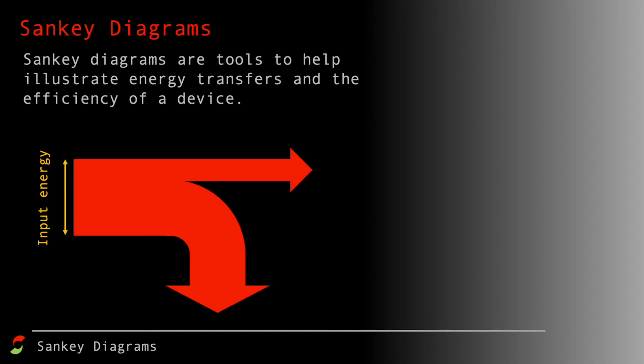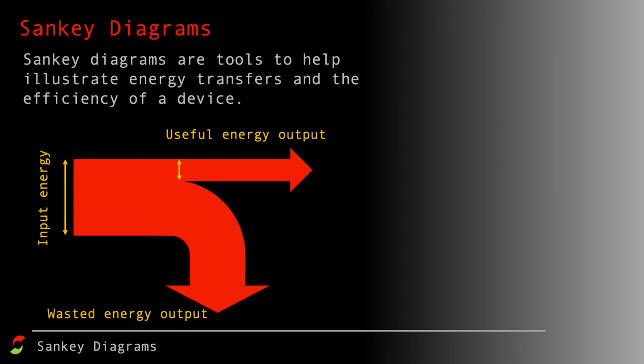And what we usually use is this arrow that carries straight on as the useful energy output, and you can see that its thickness is much smaller than the input energy, and we can use the thicknesses to compare the energy values. So if the useful energy output was a third of the input energy, then we could say it's actually 33% efficient, for example, but the thicknesses are vital.